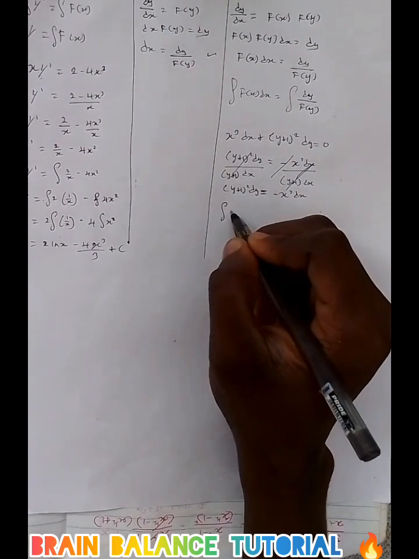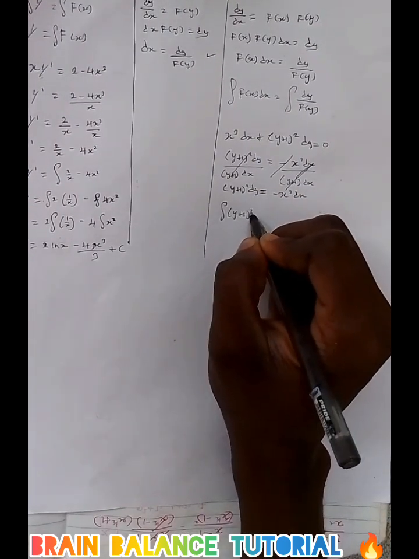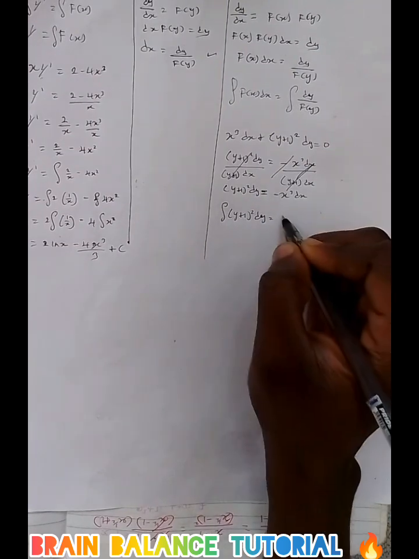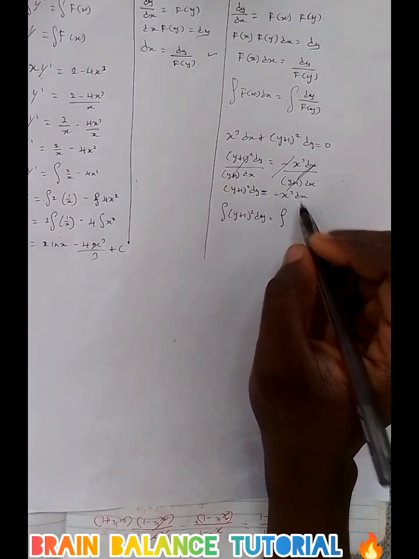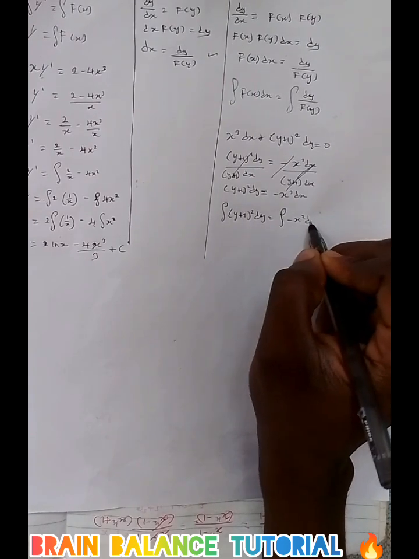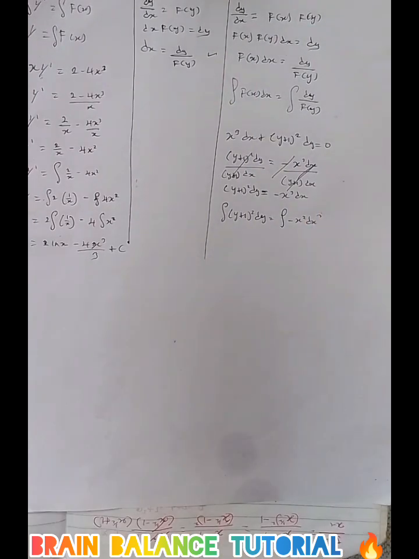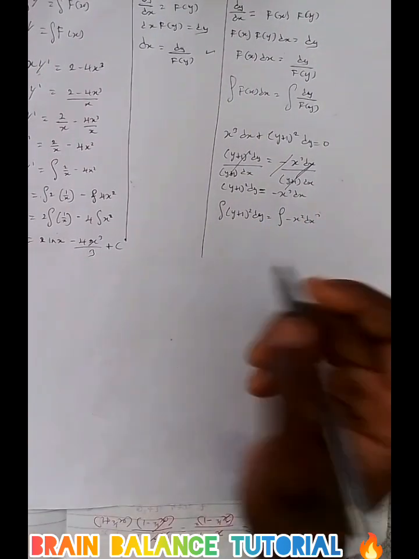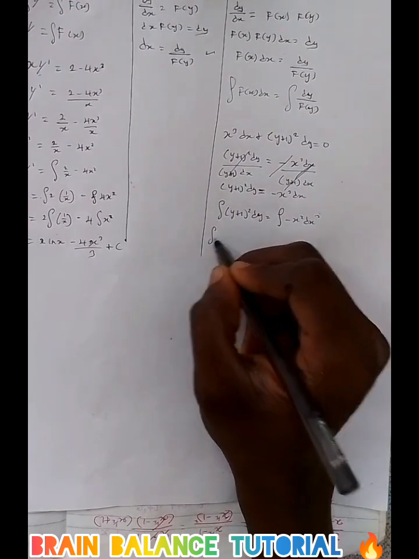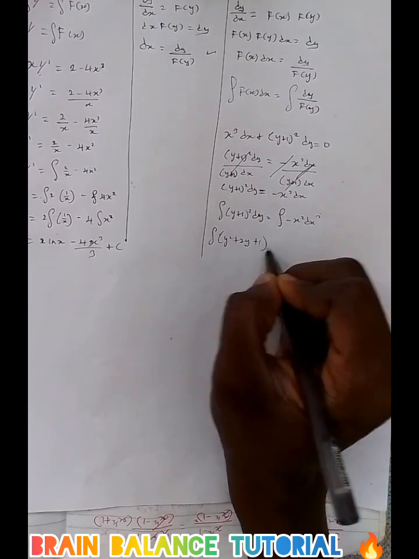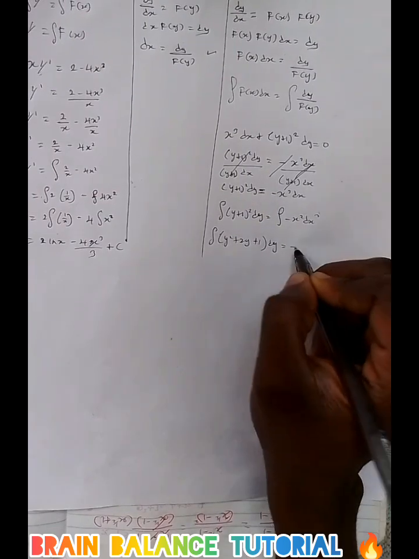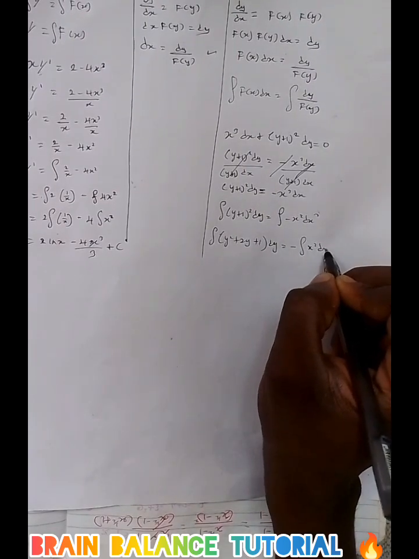So you can integrate the y plus 1 squared the y equals to integrating our negative x squared the x. Are you with me? So from here we can expand this to make it easier. You have y squared plus 2y plus 1 the y equals to, this would be integrating x squared dx.